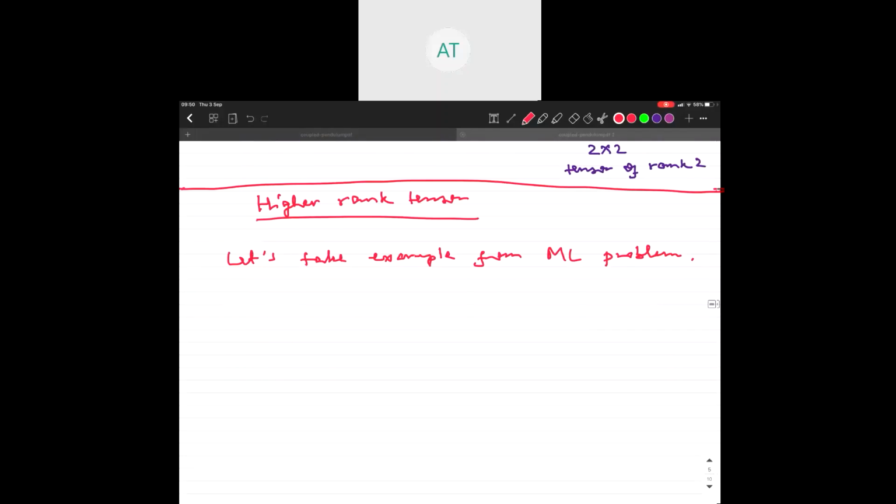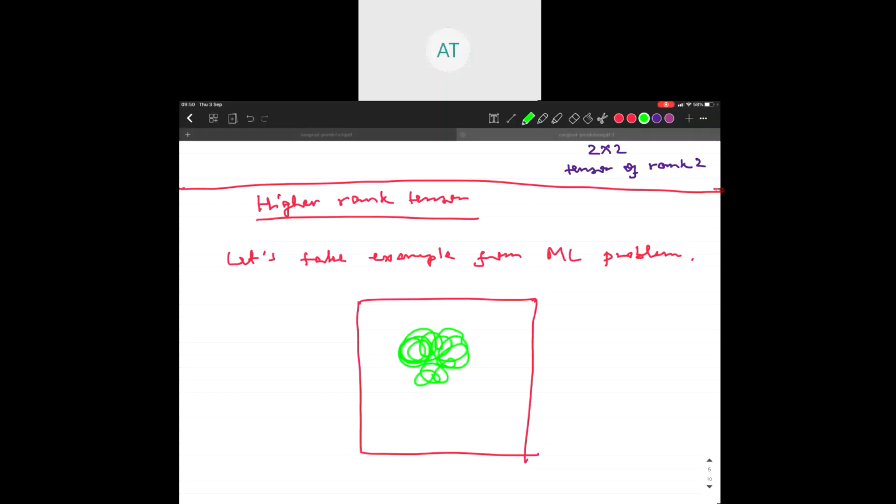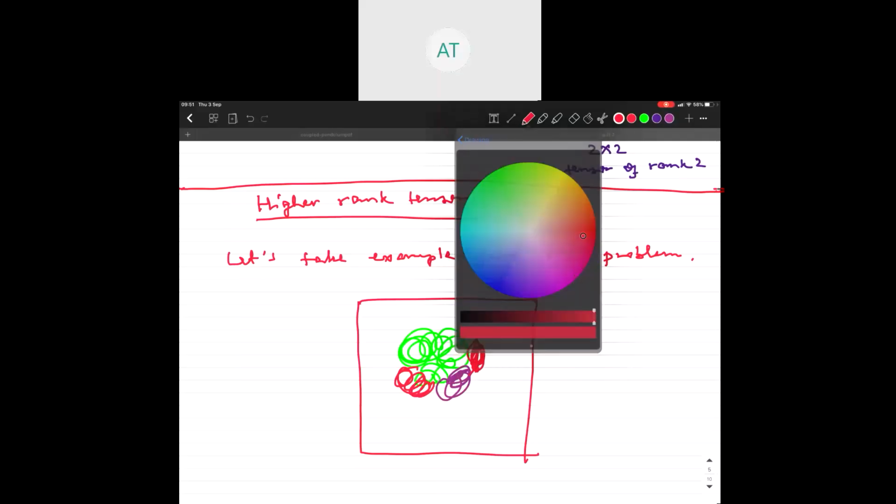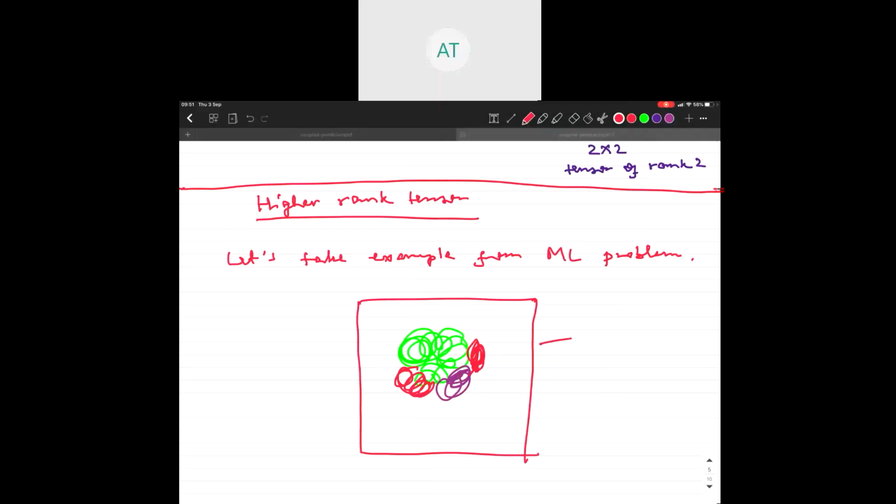Right, but this time the image is a fancy image, a color image.